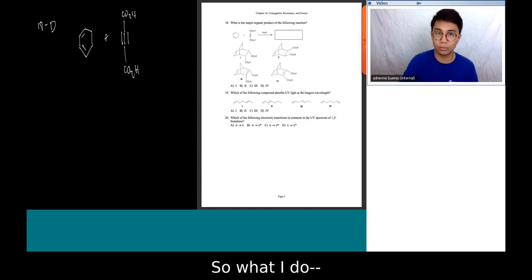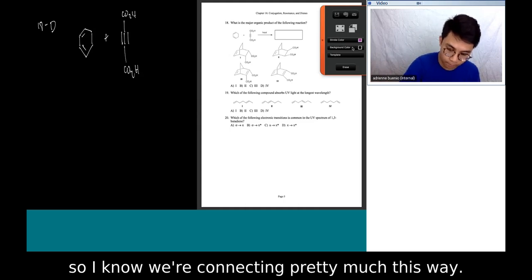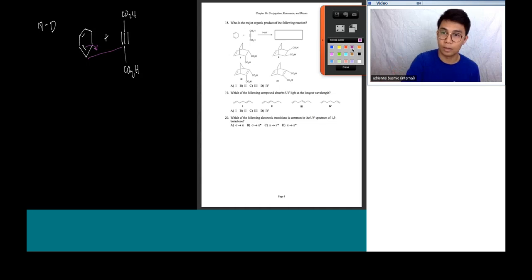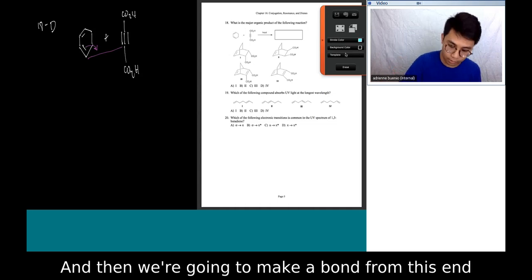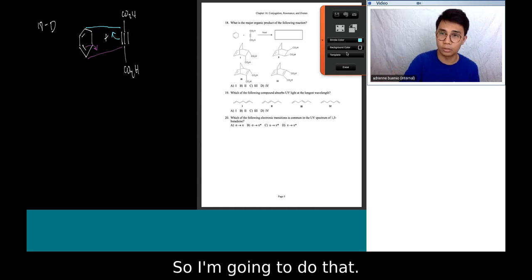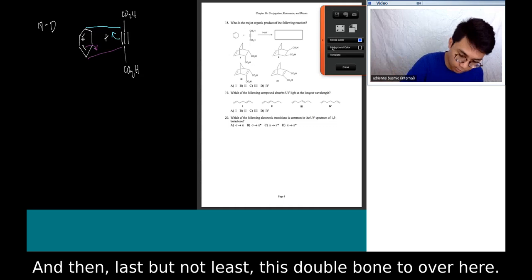So what I do, I like my colors, right? So I know we're connecting pretty much this way, right? So I'm gonna do that, and then we're gonna make a bond from this end to this triple bond, right? So I'm gonna do that, and then last but not least, this double bond to over here, right?